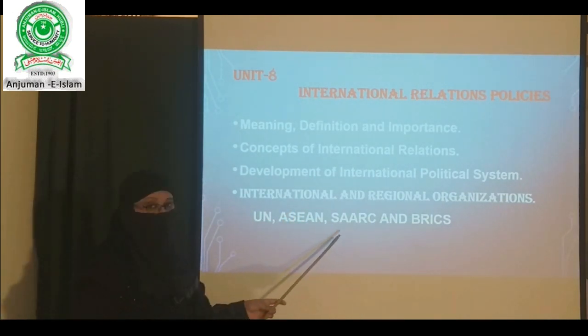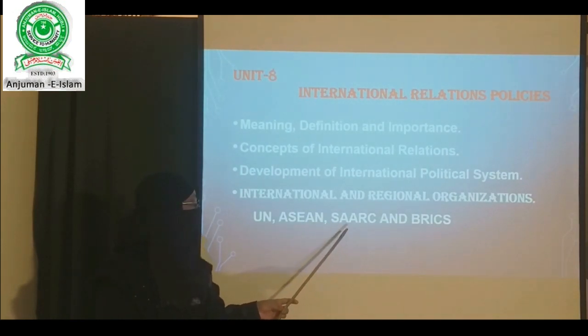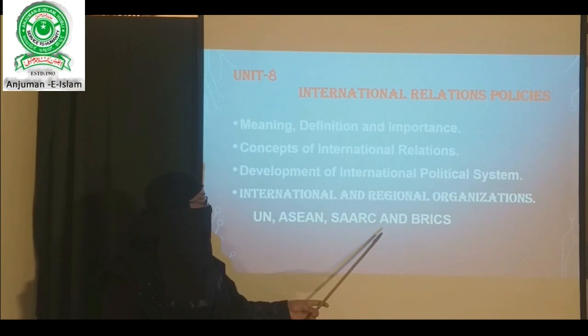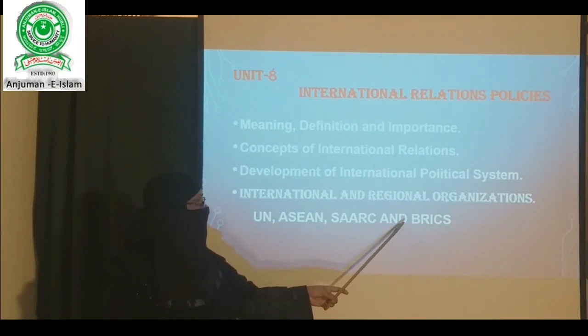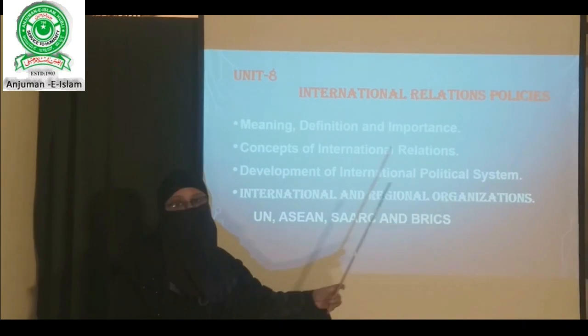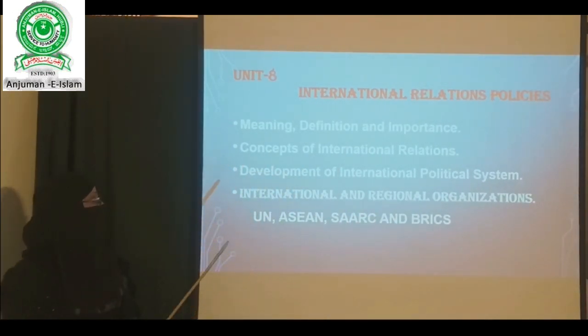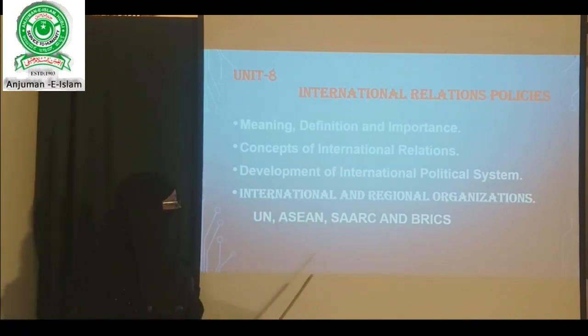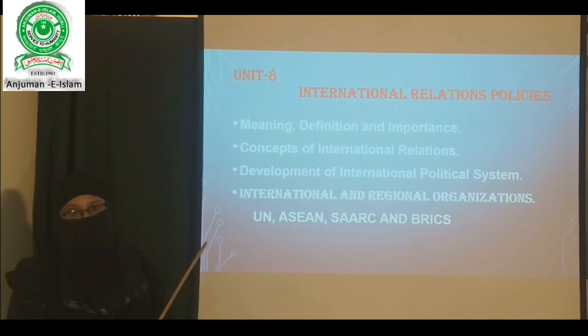Next comes SAARC, that is South Asian Association for Regional Cooperation. And last, BRICS, that is Brazil, Russia, India, China and South Africa. What are the relations, what are the international aspects, and what are the features of these regional organizations we will be seeing in this topic.